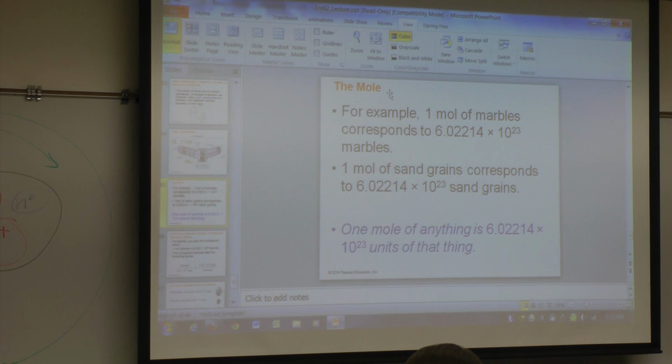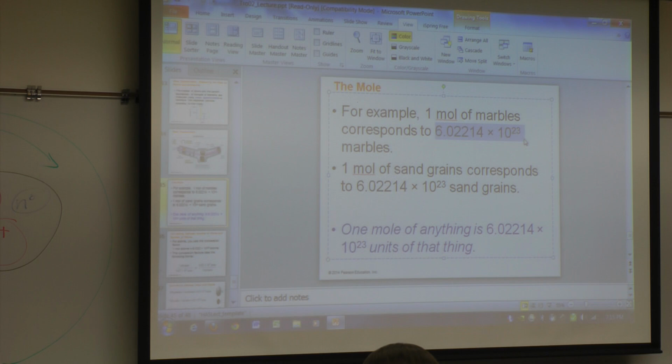What is a mole? Not the animal mole, right? The mole is referred to as the chemist's dozen. So the atomic mass of carbon is how many grams? 12 point, right?